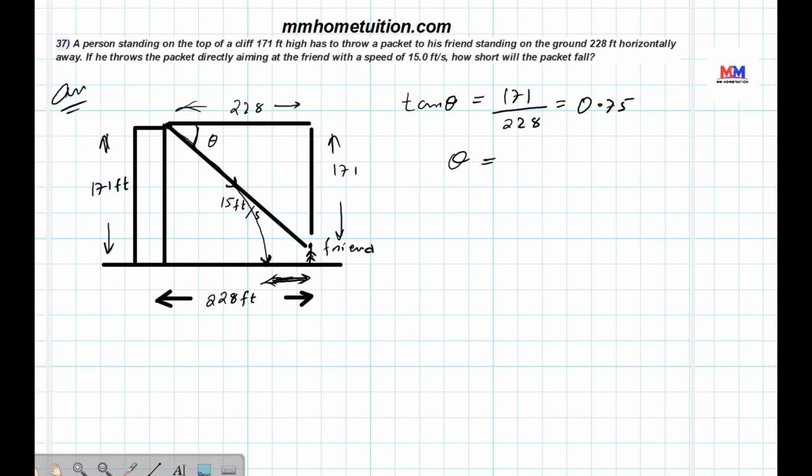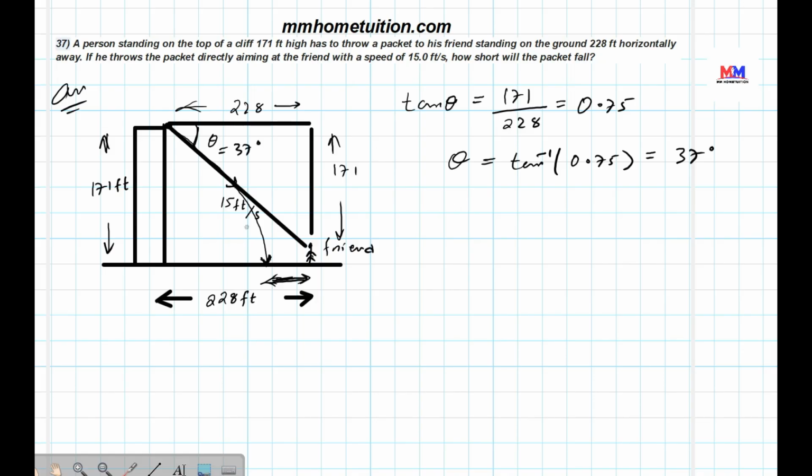Theta equals tan inverse 0.75, which equals 37 degrees. So theta equals 37 degrees.